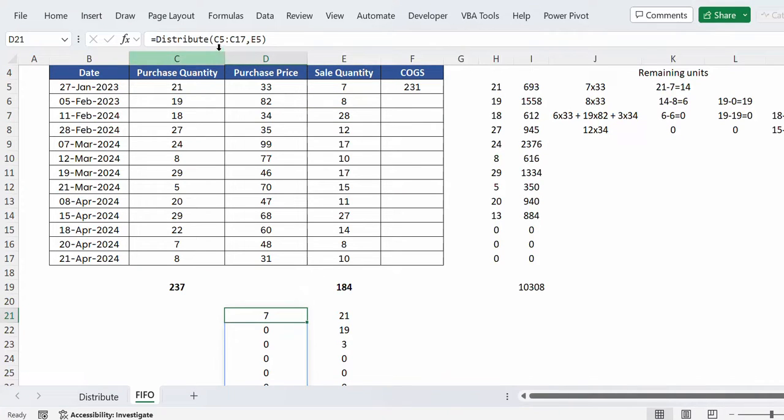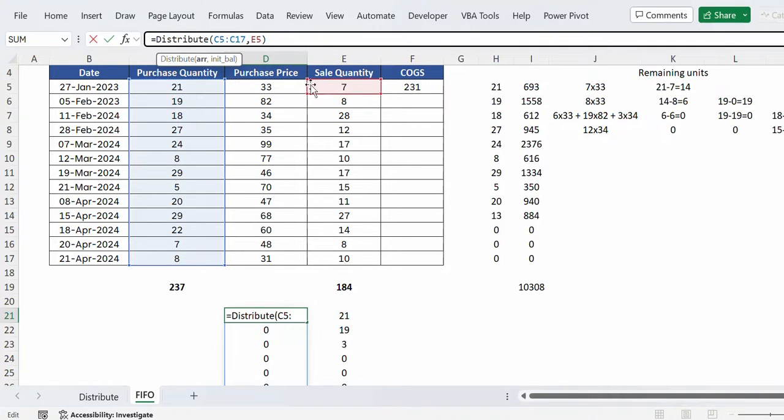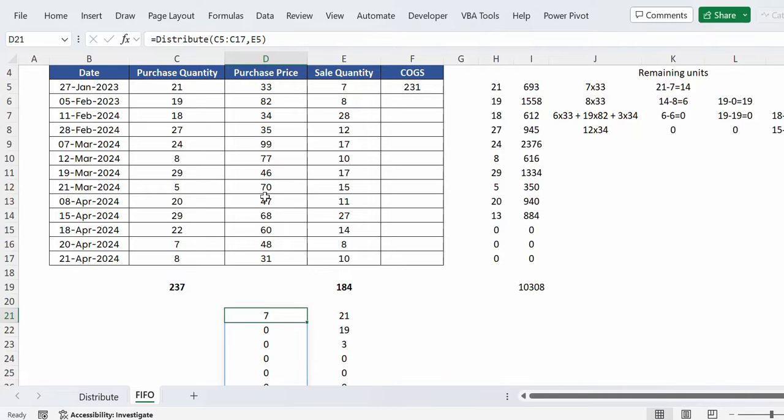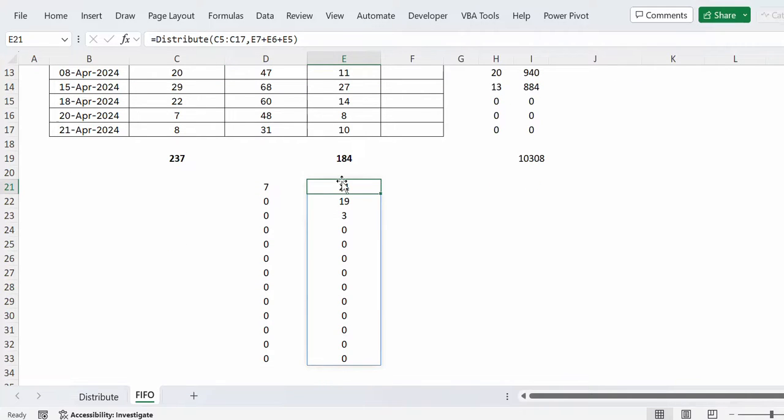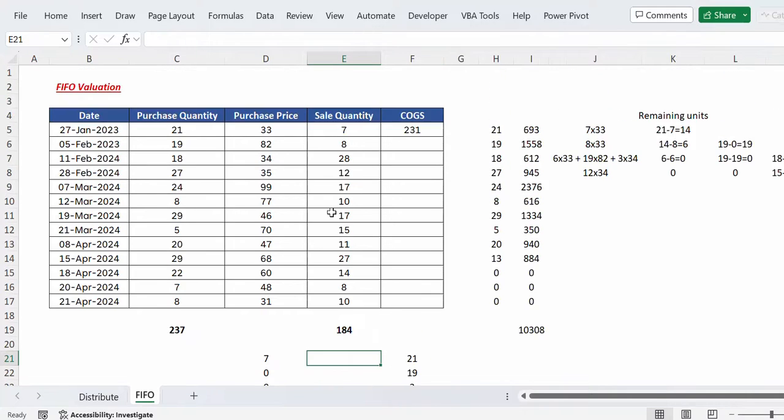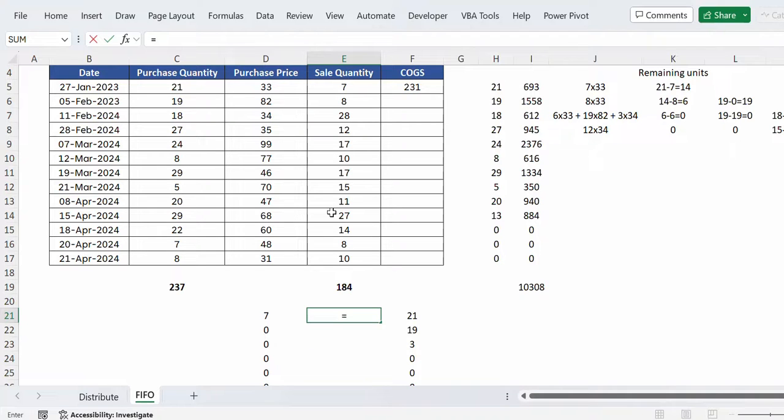And hence what we are doing, let's say at the first step we are doing a sale of 7 quantity, and this is the array that we have here, right? So we got this distribution. At the next iteration, we will distribute among these purchases not only this particular quantity, not only 8 units, but 8 plus 7, right?